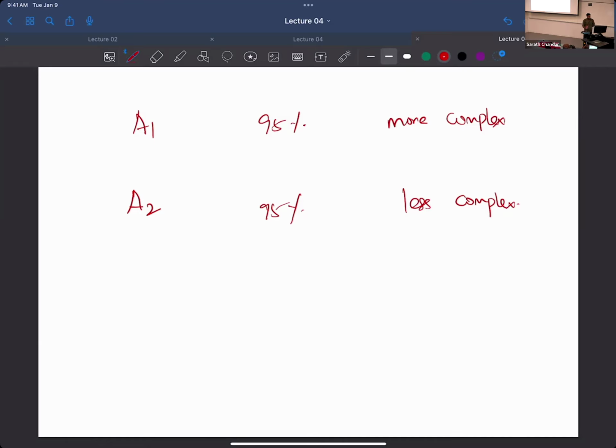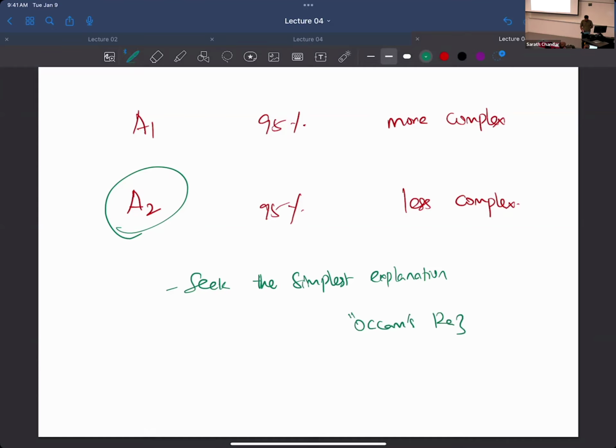Okay, I think in general the answer is correct. It's a better idea to pick A2 instead of A1, which comes from the philosophy that you always seek the simplest explanation, sometimes called Occam's razor. Occam did this in the 1400s or 1500s, before machine learning and computers.